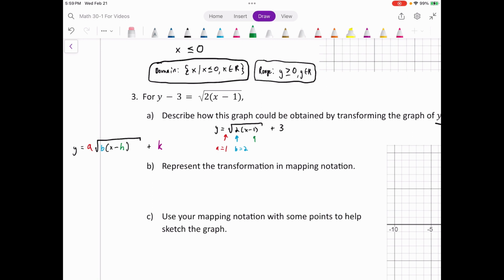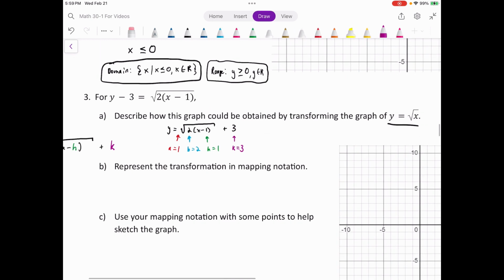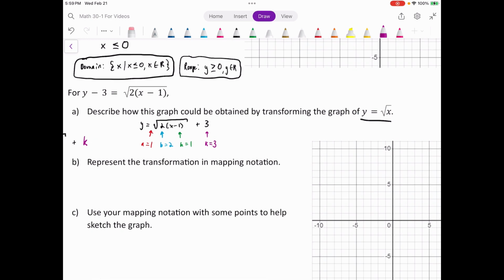Because it's x minus h. So h is positive 1. And finally, do we see a k here? Yeah, looks like k is 3. Again, makes sense. y, compared to y equals root x, used to just be equal to root x. Now it's root this stuff, but we've added 3 to every y value. Well, that's going to shift every y value up, vertically translate it up by 3.